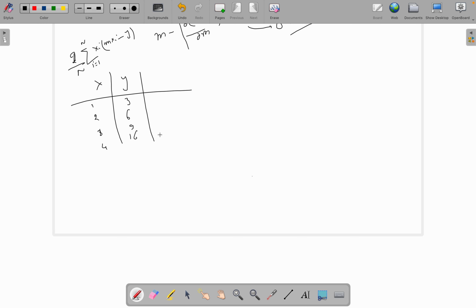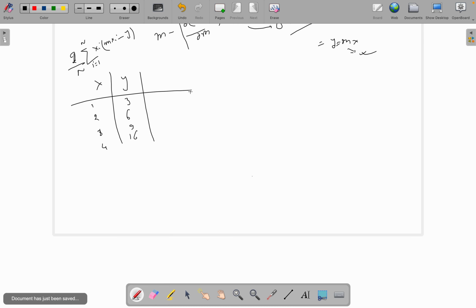So I have taken the simplest equation, that is y equals mx. As you can see, the m value is 3. For every value of x there is 3 times that value of y, but we are trying to determine this value through machine learning.